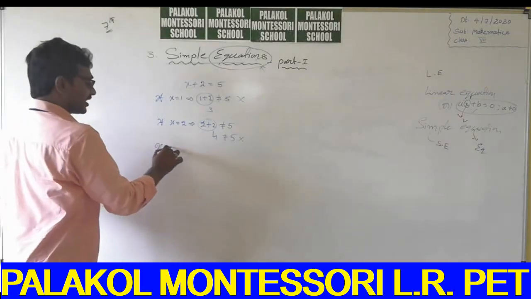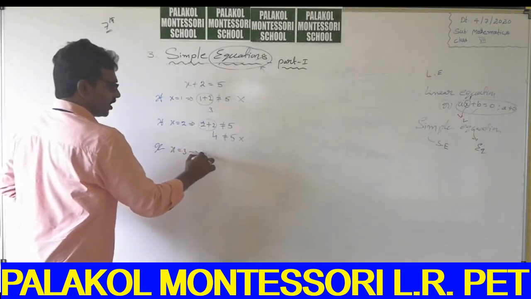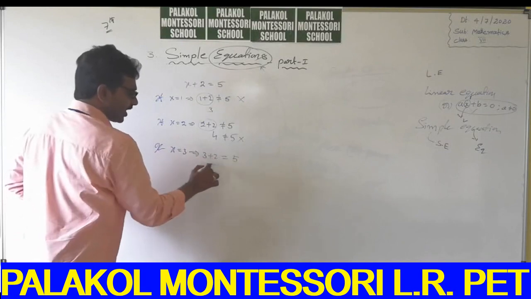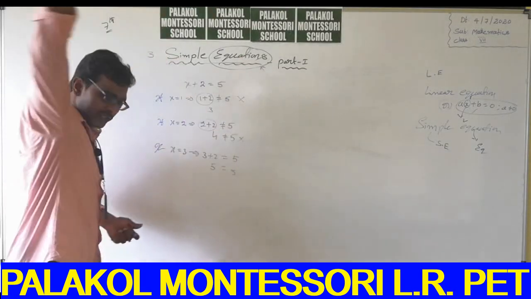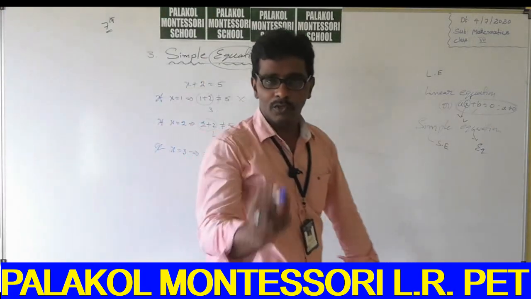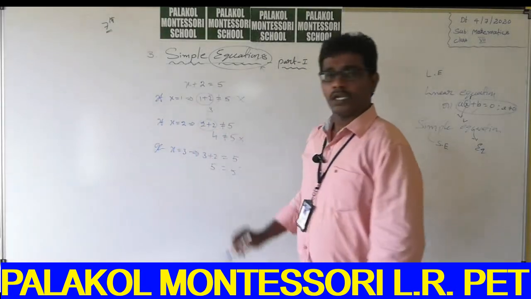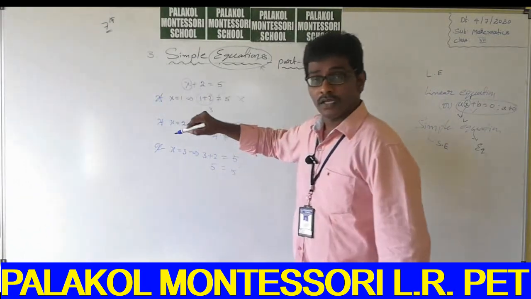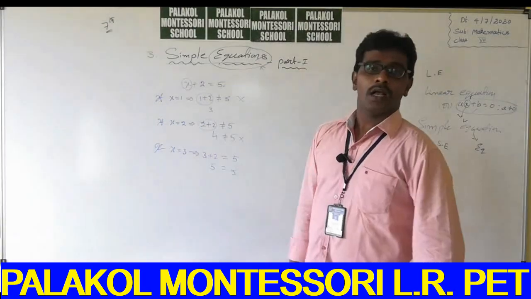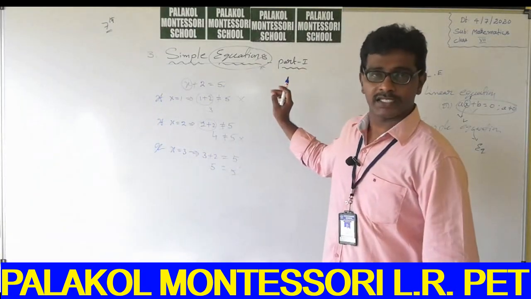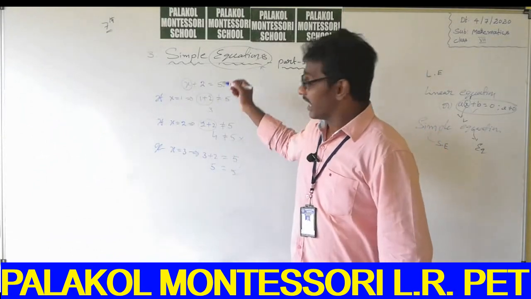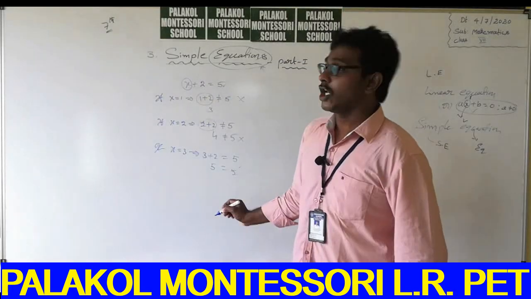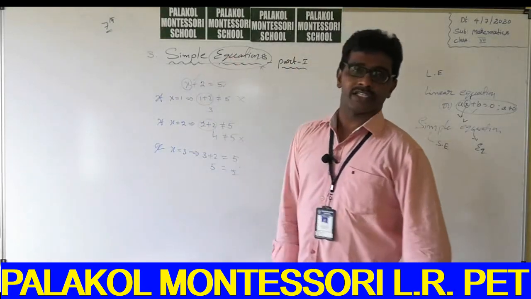If x is equal to 3, guys, 3 plus 2 is equal to 5. Yes, 5 is equal to 5, absolutely correct. The value of x for which the LHS becomes equal to the RHS is called the solution of that equation.